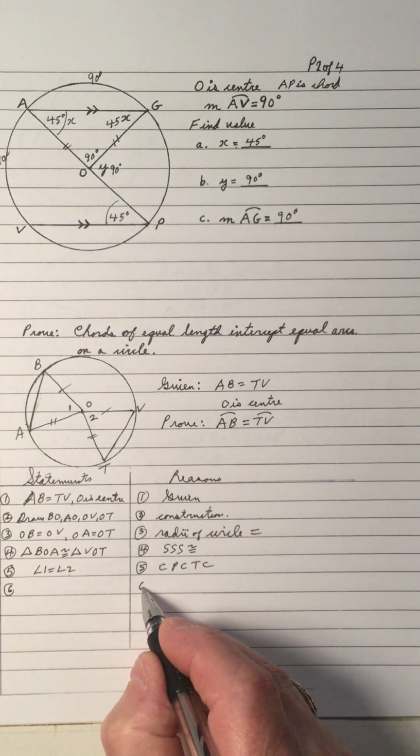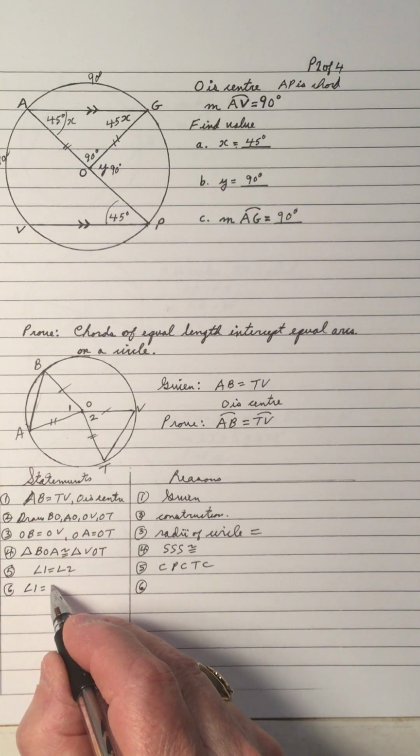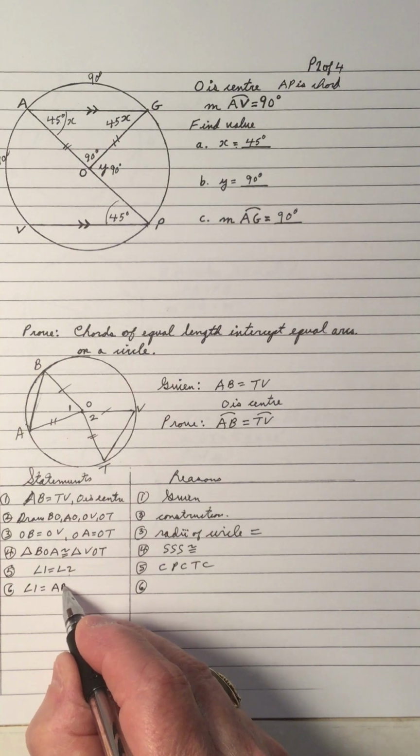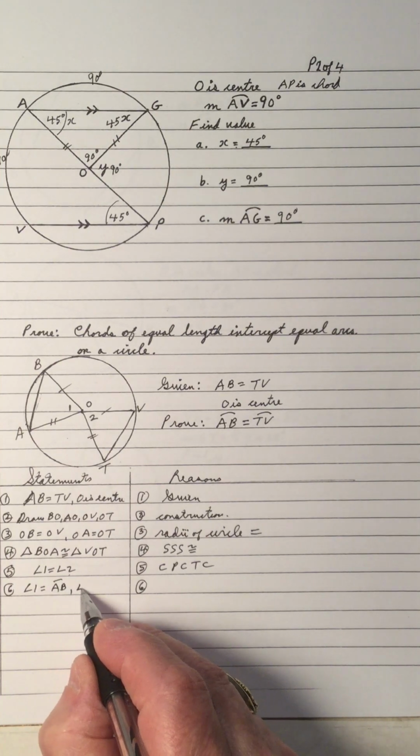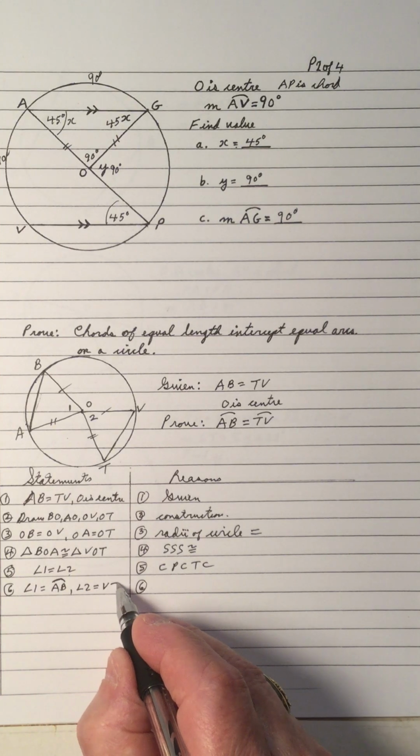And number 6, now we have angle 1 is equal to the measure of the arc AB. We have angle 2 is equal to, make that an arc, of VT.